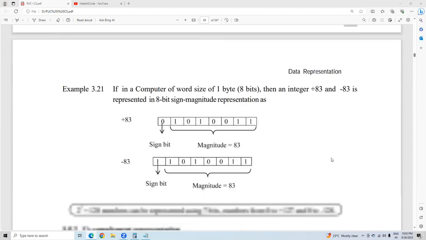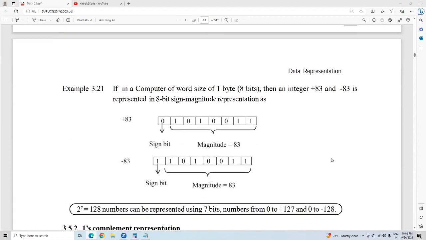For example, in a computer with a word size of 1 byte, that is 8 bits, that is why you see 8 boxes created down here. The numbers to be represented using sign magnitude are plus 83 and minus 83.